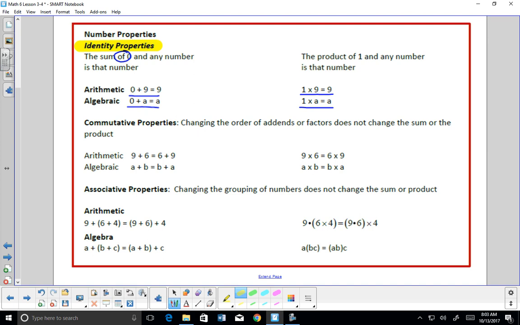The next important property is called the commutative property. I actually talked about this a couple lessons earlier. I said the commutative property works for addition and multiplication because order does not matter. Changing the order of how you add or changing the order of how you multiply does not change your final answer. You can remember this property if you understand the word commute.